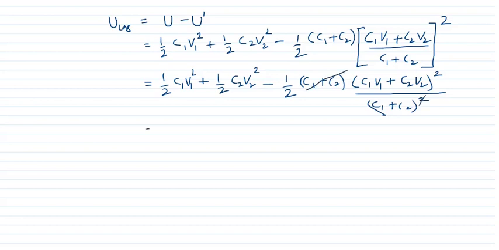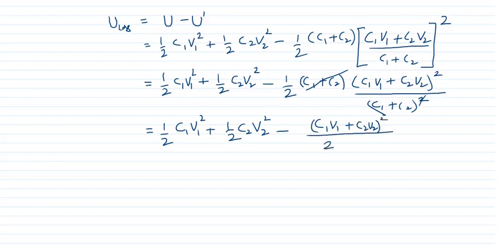C1 plus C2, this is square, and this will be cancelled out. And what is left? 1 by 2 C1 V1 square plus C2 V2 square minus (C1 V1 plus C2 V2) whole square divided by 2 (C1 plus C2).